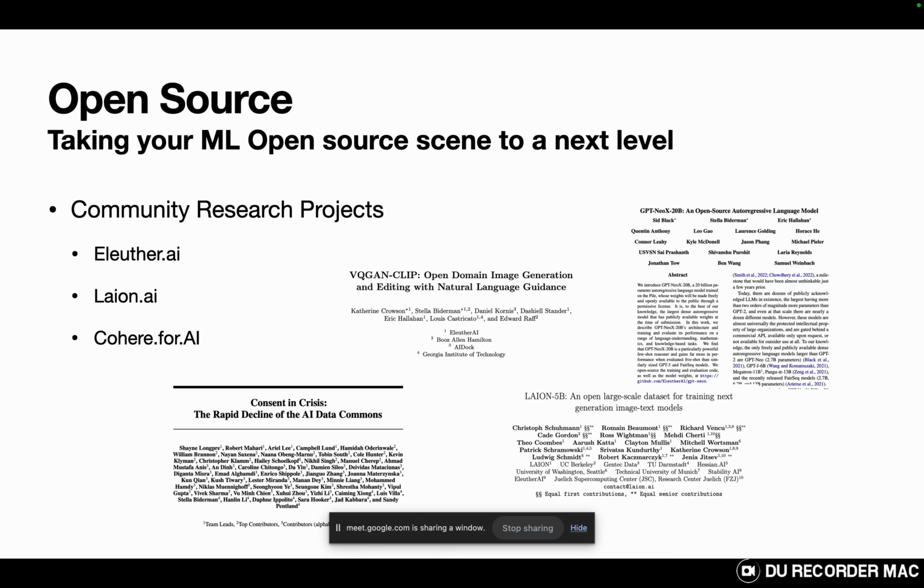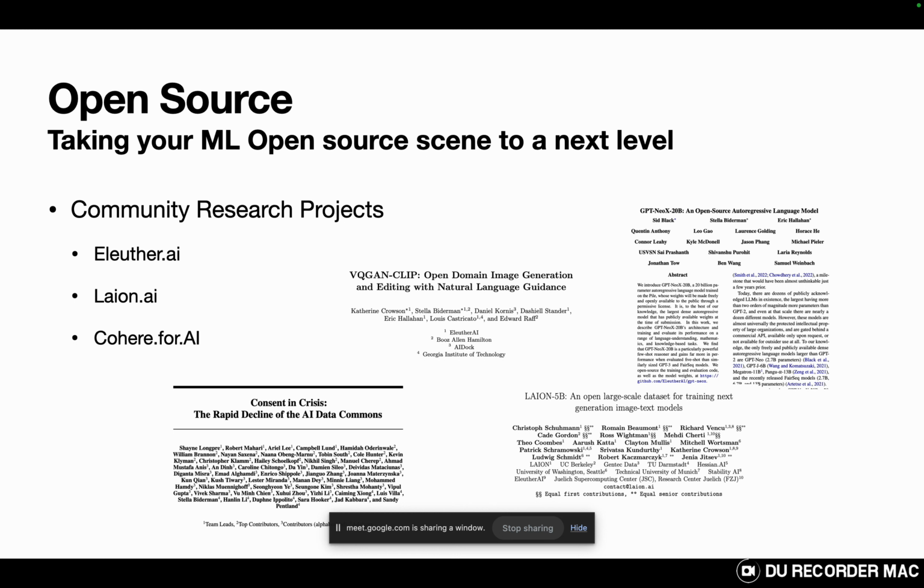So if you get involved in these community research projects, you will actually contribute something that is used by multiple people on a daily basis, as well as you will publish a research paper that is accepted by peer-reviewed journals or peer-reviewed conferences, and you will get to collaborate with all of these different people from big institutes such as Meta, Google, Georgia Tech, or big universities such as UC Berkeley.